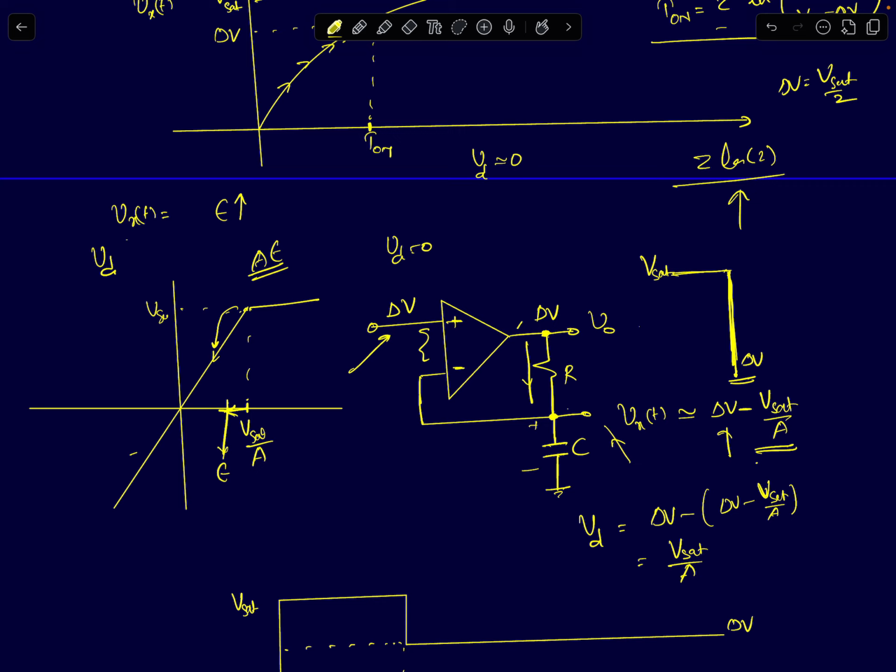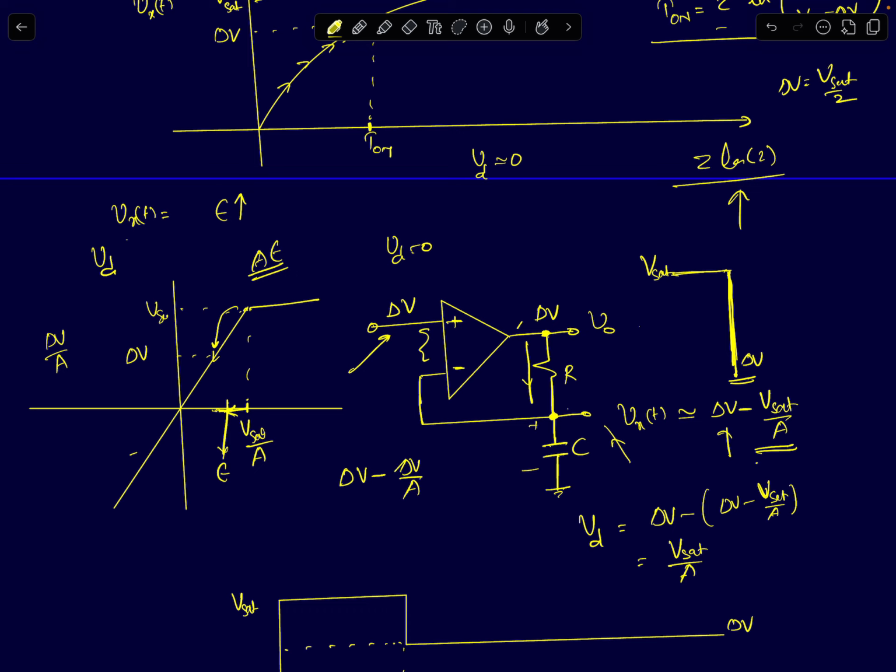Finally the output voltage will reach delta V volts when epsilon becomes equal to delta V upon A. So when your node voltage Vx of t reaches delta V minus delta V upon A, your circuit will more or less reach the steady state.